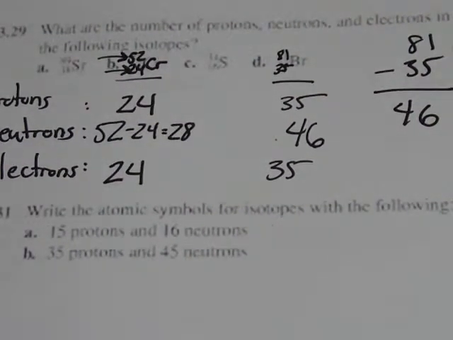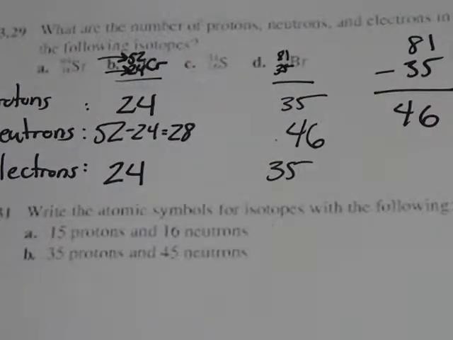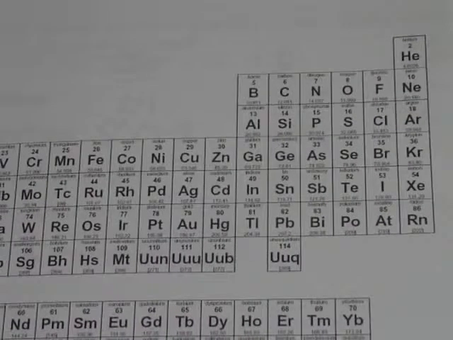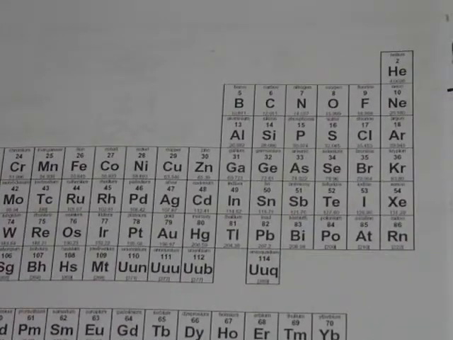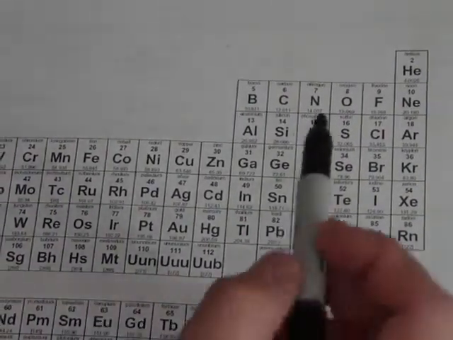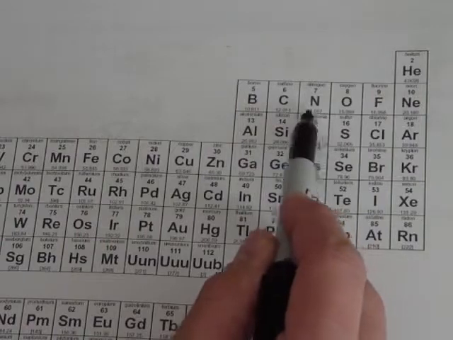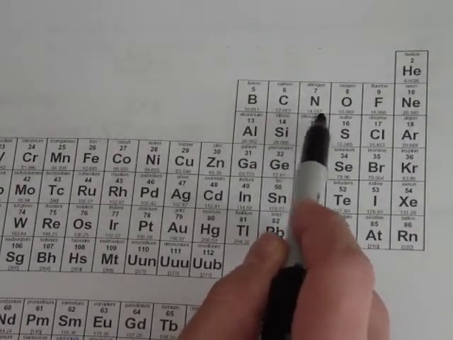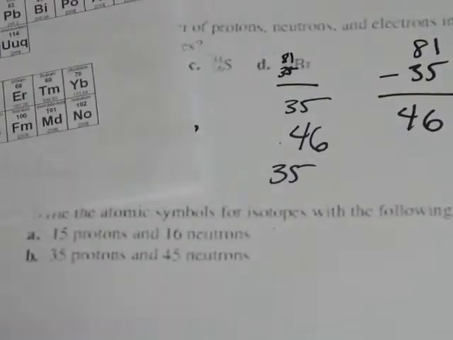And then 31, write the atomic symbols for isotopes with the following. So in A, 15 protons, 16 neutrons. So here you have to use your periodic table. Like much of this chapter, it says 15 protons. So we find the number 15 as atomic number, which is equal to the number of protons. And we find phosphorus. So that is our symbol.